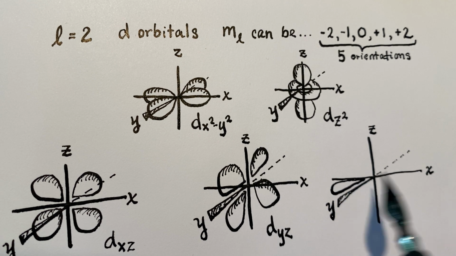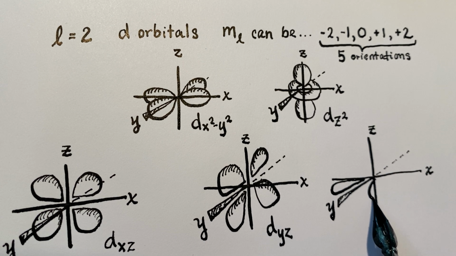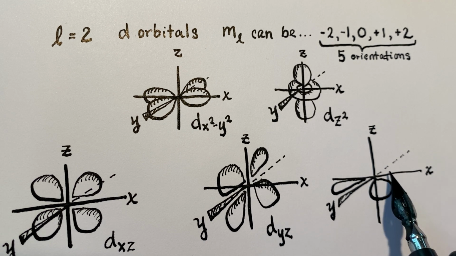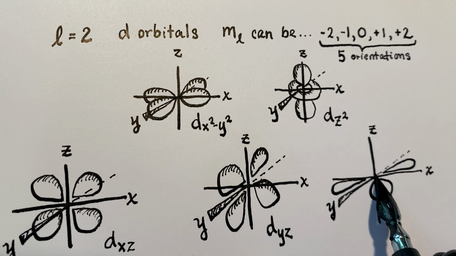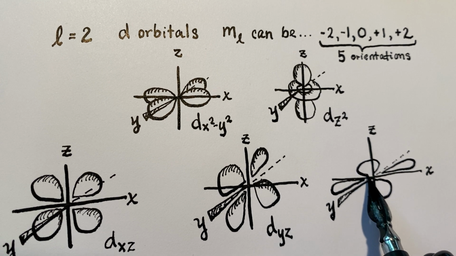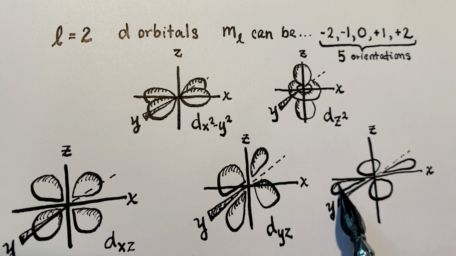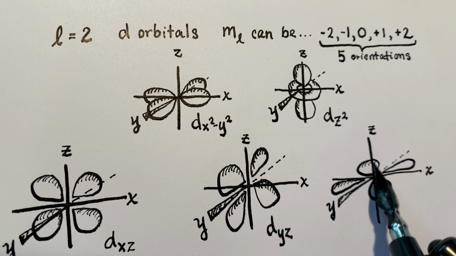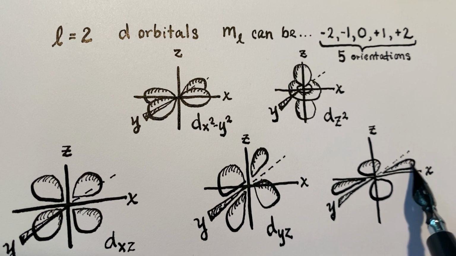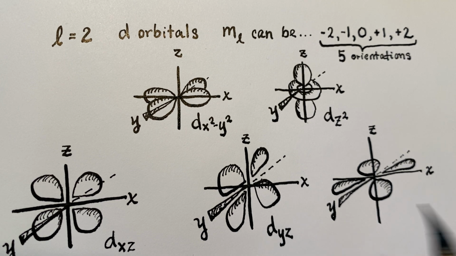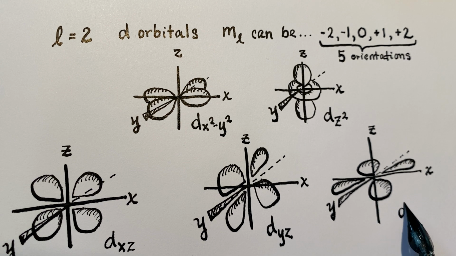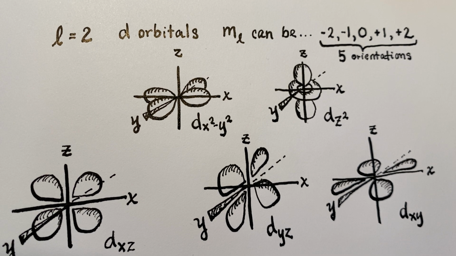Again, with this perspective drawing, it's hard to do and have it look right. This is essentially a clover leaf that's lying flat. Think of it lying flat on the ground. Flat in the XY axis. So this is our D, X, Y. There are all 5 d orbitals.